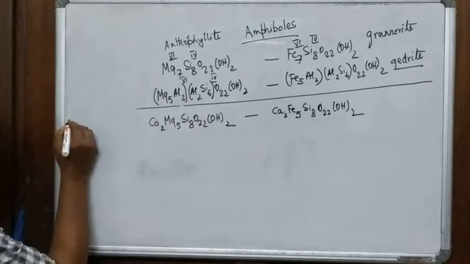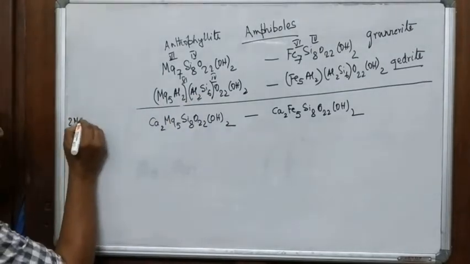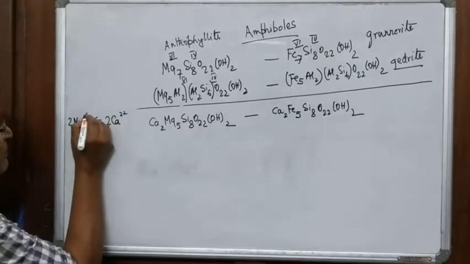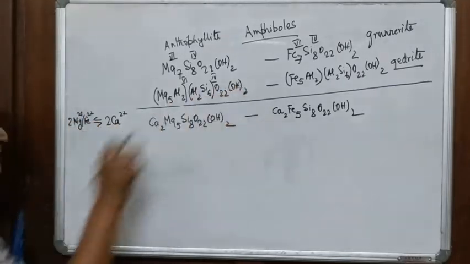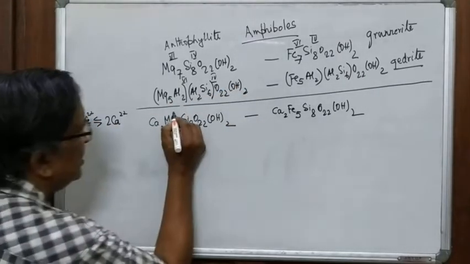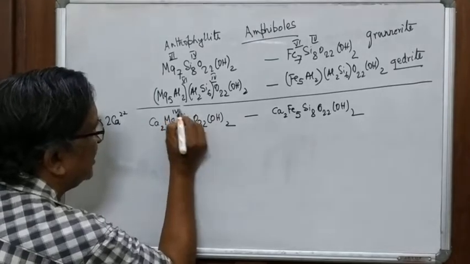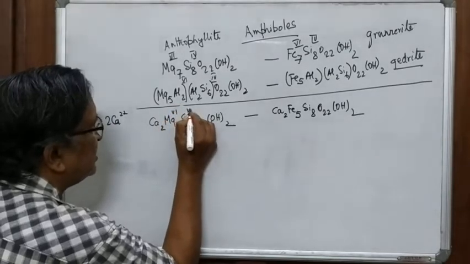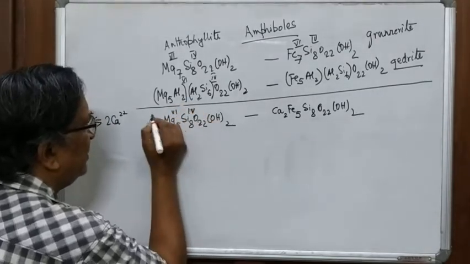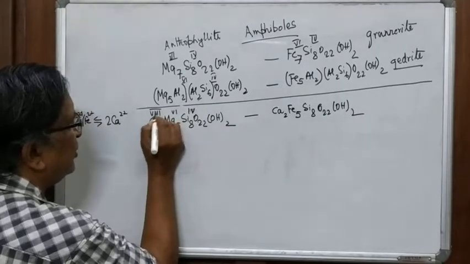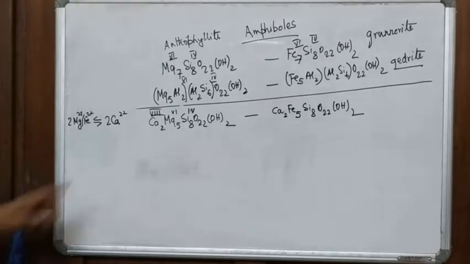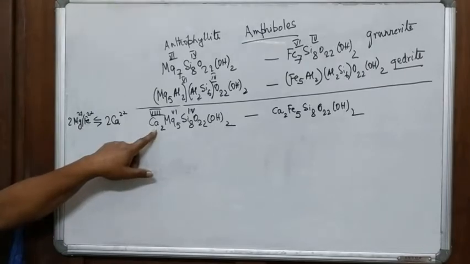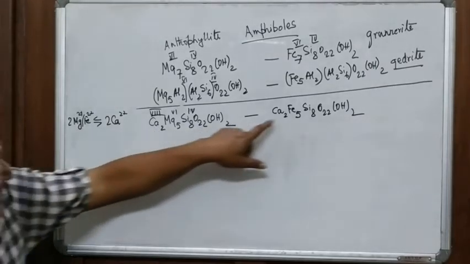What is the replacement? 2Mg/Fe by 2Ca. Both of them have 2 charges. So that is the replacement of 2 of the octahedral ions. So this is now octahedral, this is tetrahedral, and this one is cubic. Notice that calcium has a larger ionic radius than magnesium or iron.